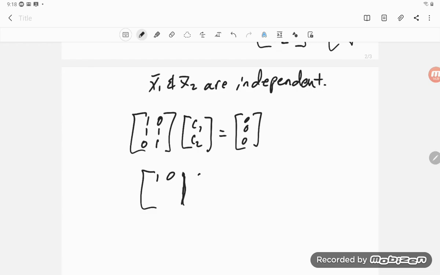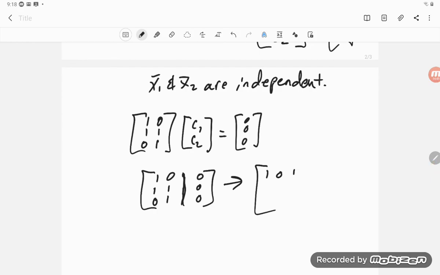If I subtract the top row from the middle row and replace the middle row, I get 1, 0, 0; 0, 1, 0; and 0, 1, 0.